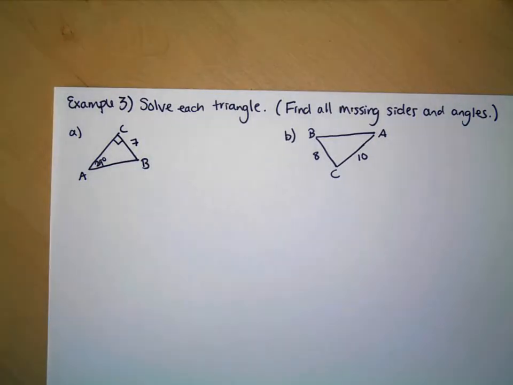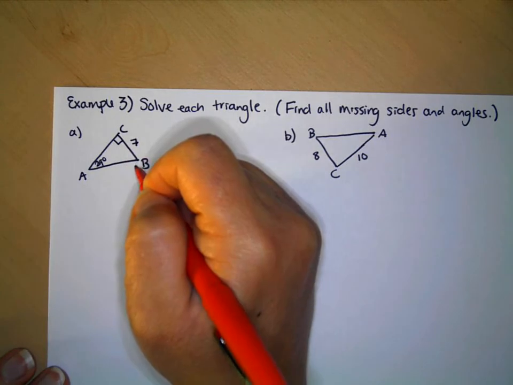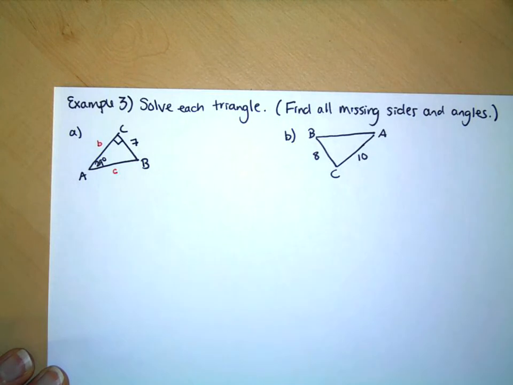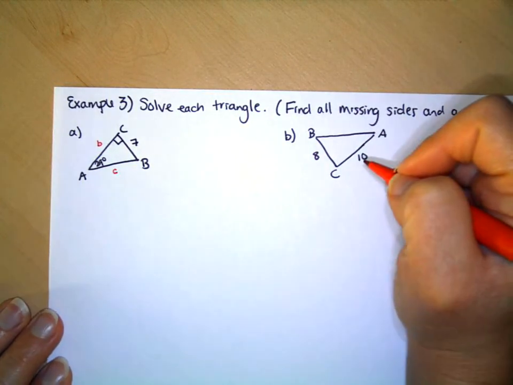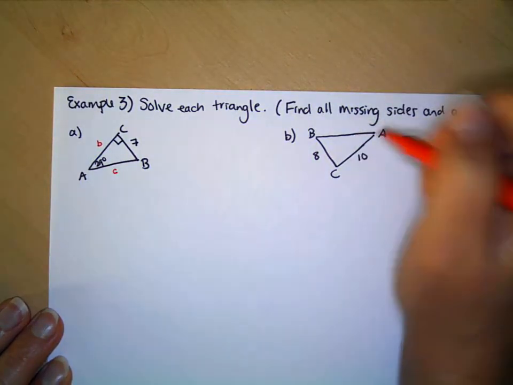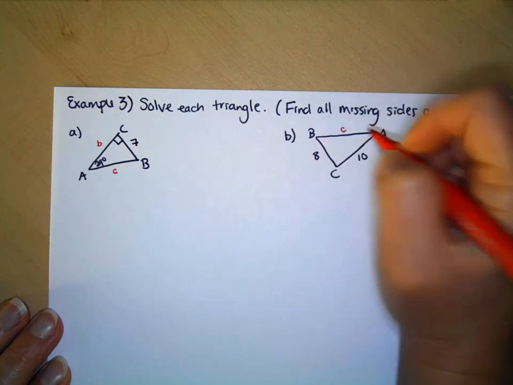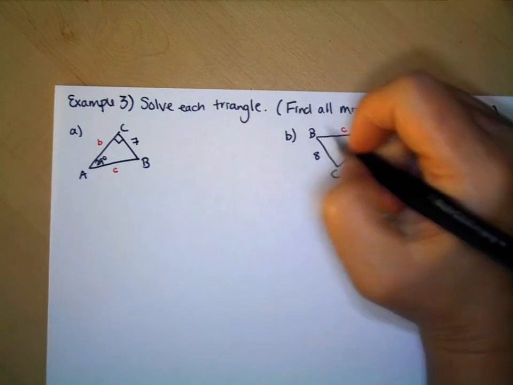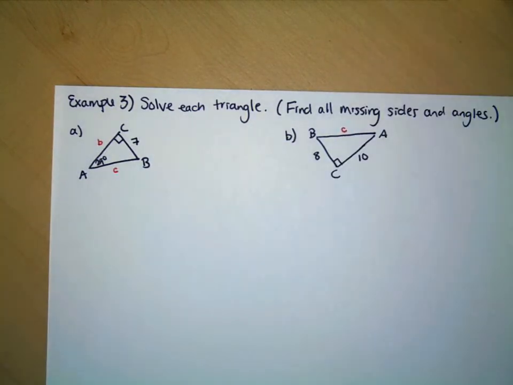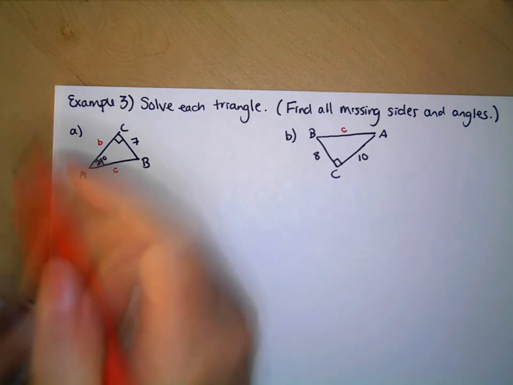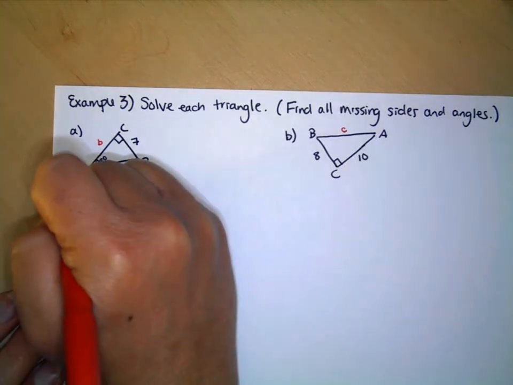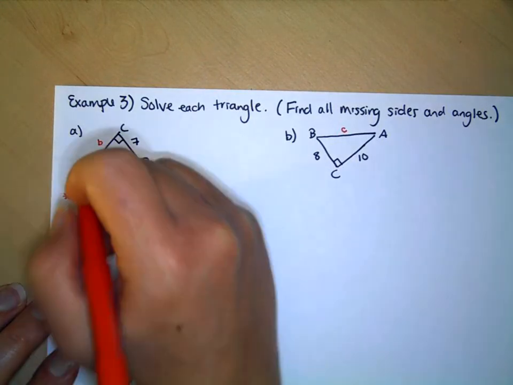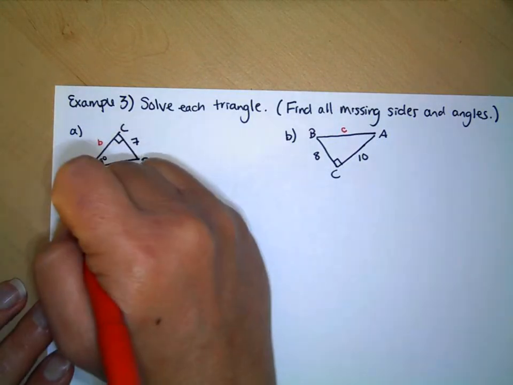So in 3A, we're going to have to find angle B, side B, and side C. In example 3B, we're going to have to find side C as well as the missing angles A and B. Now in our first one here, we know that the angles in a triangle add up to 180 degrees.